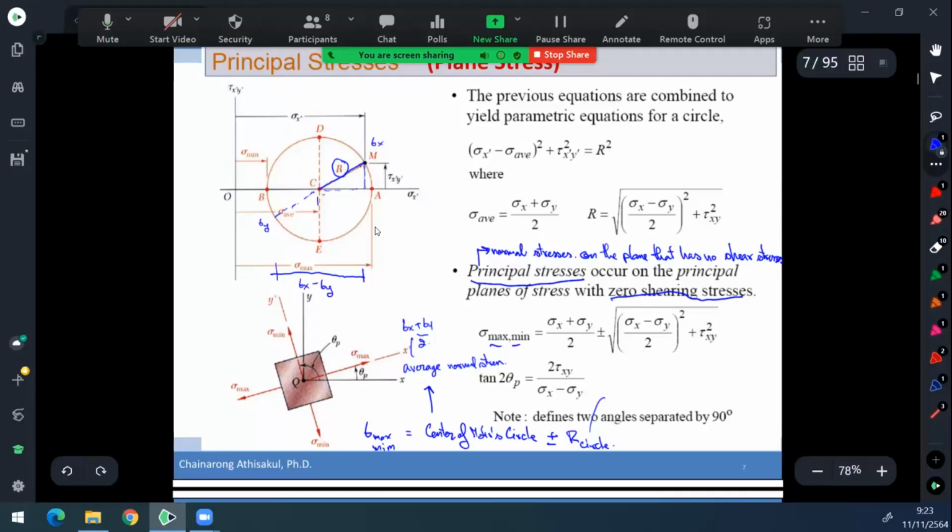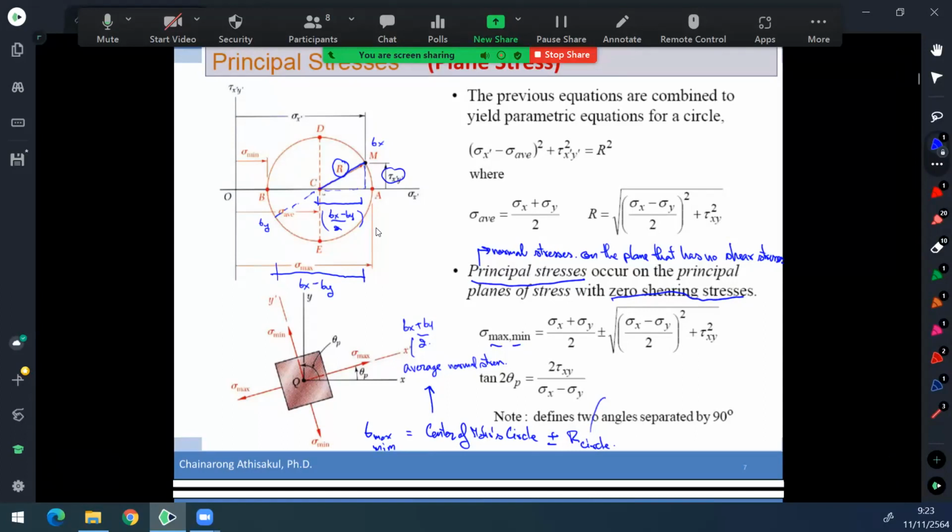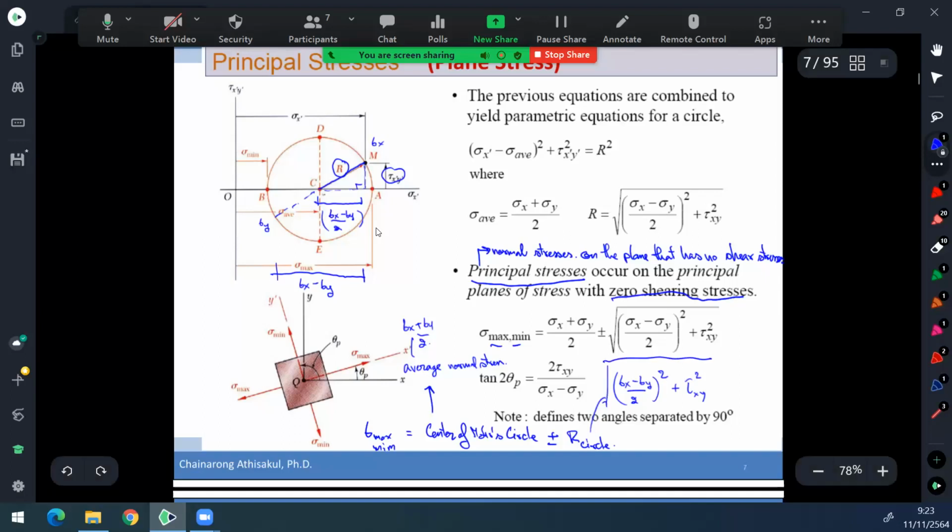Okay, so it means that this is sigma x minus sigma y over 2. Okay, and this is the shear stress. So when we would like to find the radius, we apply the Pythagorean theorem. So it is equal to sigma x minus sigma y, the difference in normal stress over 2, squared, plus shear stress squared. Okay, this is r squared. So then we would like to find r, so it is the square root of this term.